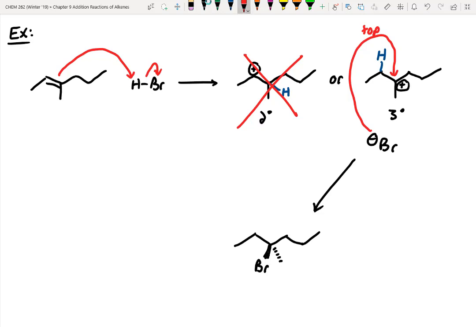Conversely, this bromide could attack from the bottom. And if it attacks from the bottom, we're going to get something that looks very similar. But this time bromine will be coming off of the dash and the methyl group will be a wedge. All right? Which one do you think is more likely, or do you think they're equally likely?